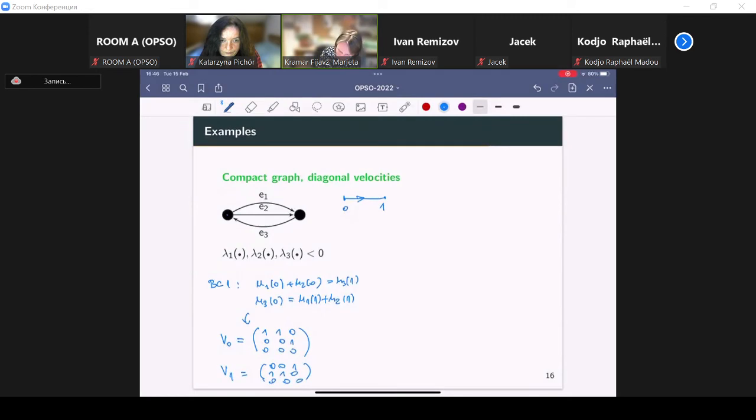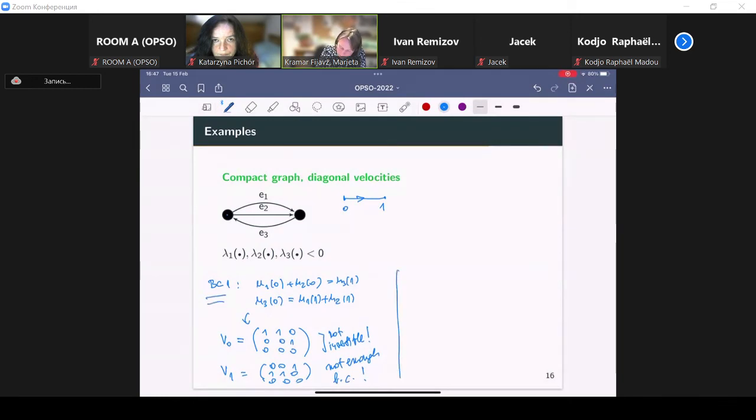And if you see, this is of course not invertible, which means that our problem with these boundary conditions is not well posed. Why? Because we have just two conditions. We do not have enough boundary conditions.